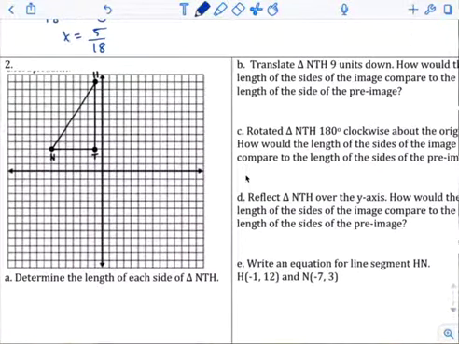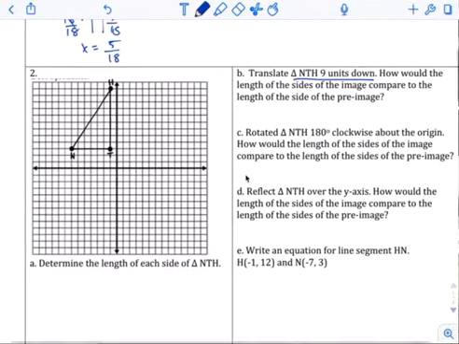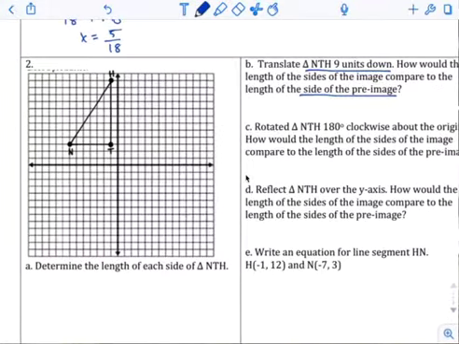Here, translate 9 units down. How does the length of the image compare to the length of the side of the pre-image? Okay, let's go 9 units down. Count 9: 2, 4, 6, 8, 9.